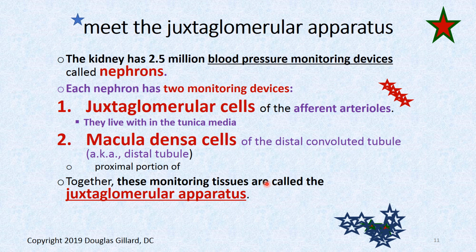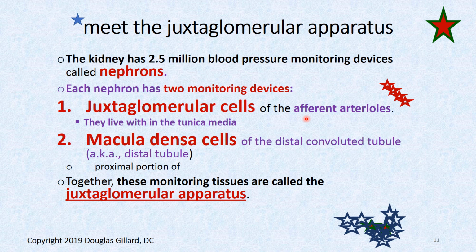So the juxtaglomerular cells, that's not an AKA for the juxtaglomerular apparatus. These are cells that replace the tunica media. They live in the afferent arterioles, within the tunica media, only in the arterioles that are near the glomerulus.